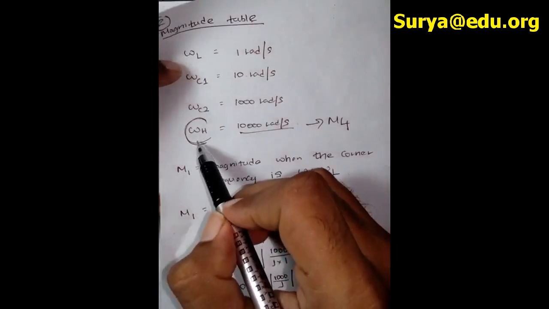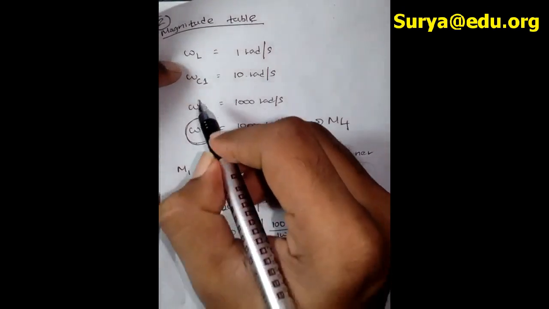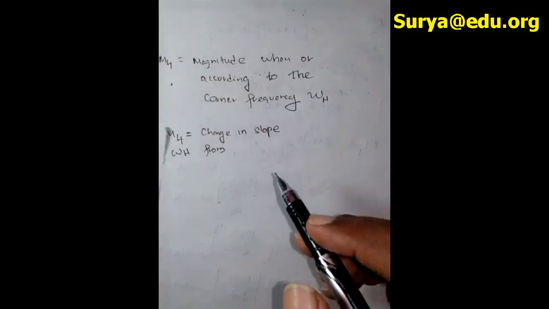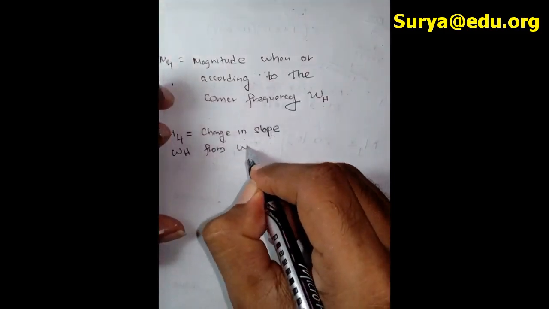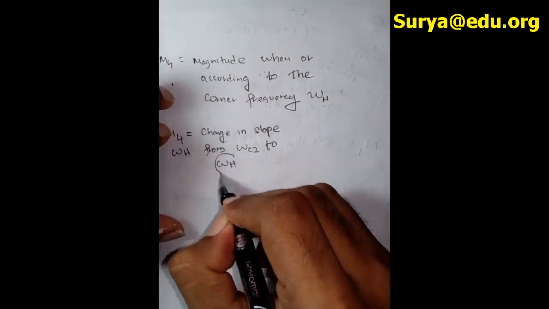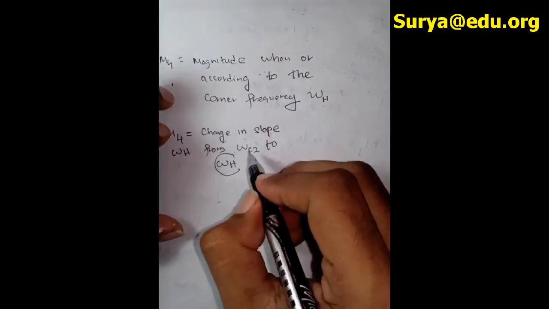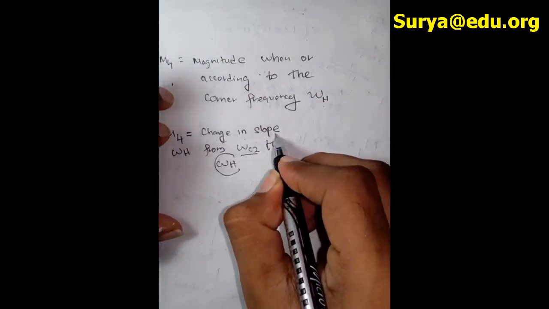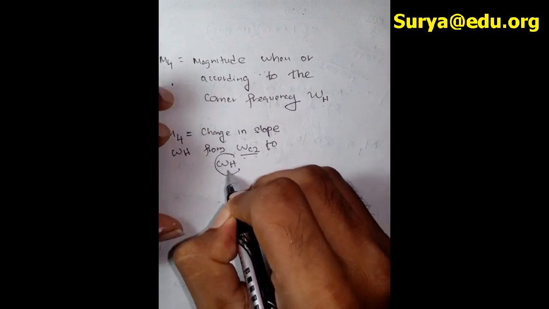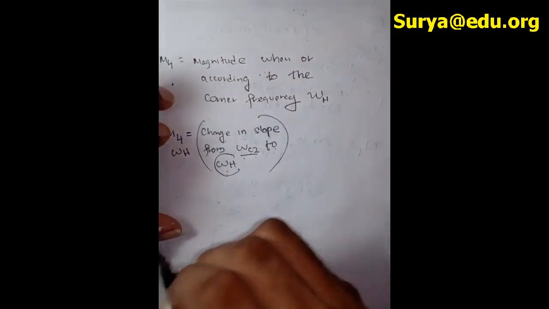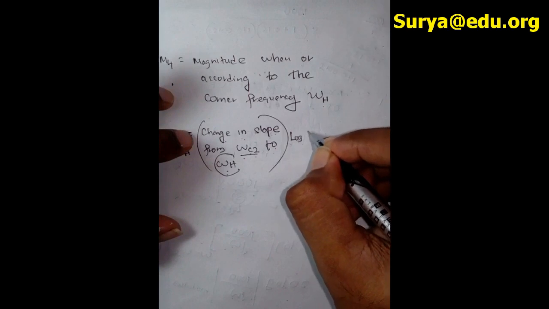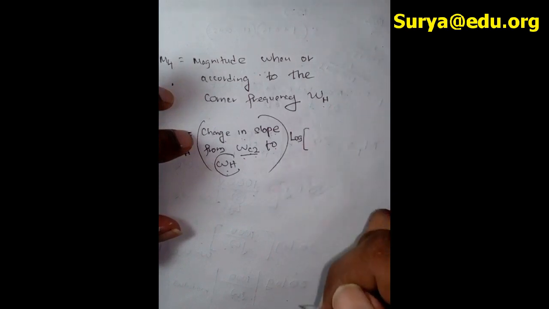The previous frequency that comes before omega h is omega c2. So that means change in slope from omega c2 to omega h, because omega h is the current one that we are stepping in, and this is the previous one. So change in slope from omega c2, which is the previous, to omega h, which is the current one. Times the logarithmic of the current one and the previous one.